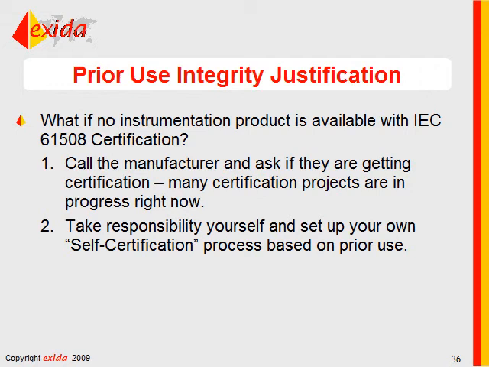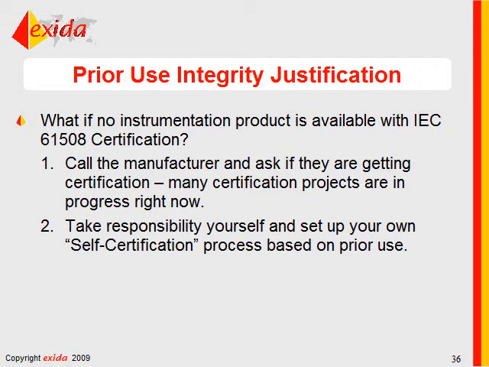But what happens? Okay, that's fine and dandy, wonderful, there's lots of products available, but what happens when there is no instrumentation product available with certification? Can you design a safety instrumented system? Well, of course you can. Do you meet the requirements of 61511? Yes, you do. Because one of the options is prior use integrity justification.